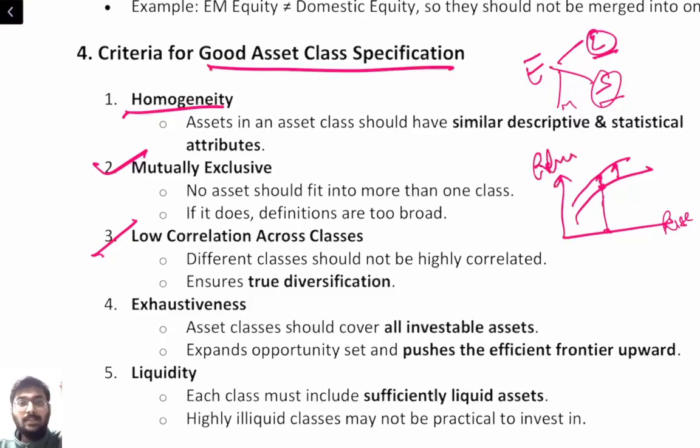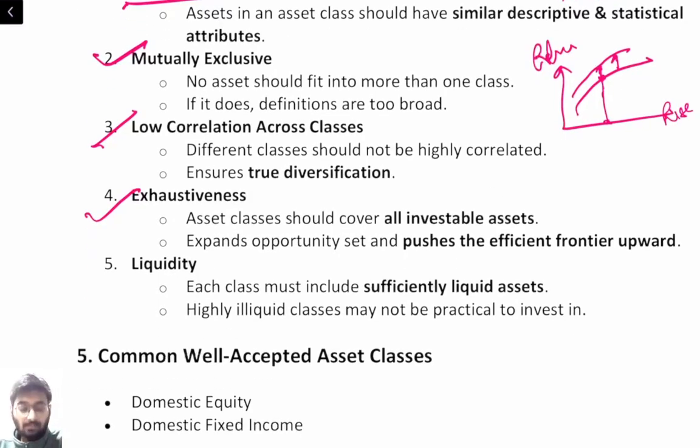So asset classes should cover all possible investable assets, because this gives you more choices, better diversification, and the efficient frontier will move up because of the lower correlation. If alternative assets like real estate are excluded, then opportunities are missed and your portfolio will not have the benefit of diversification.